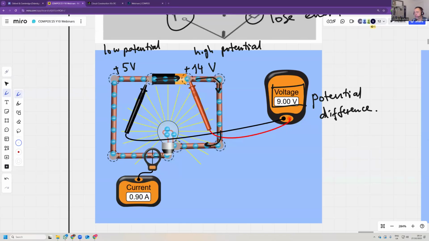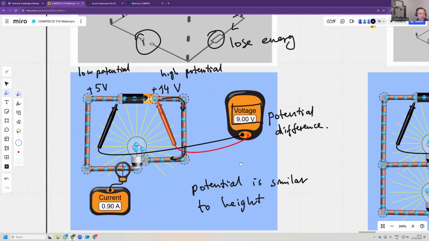Right. So potential is like the height above the ground. Potential is similar to height. Is that how you spell height? Yes. Low potential, high potential.